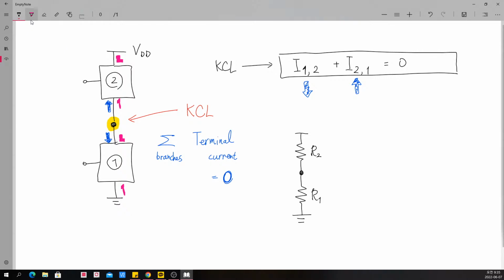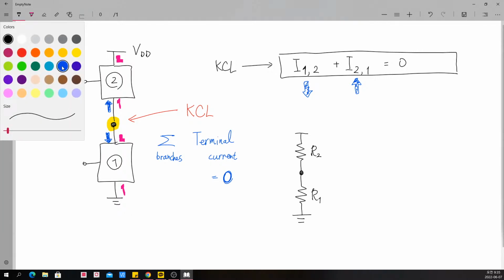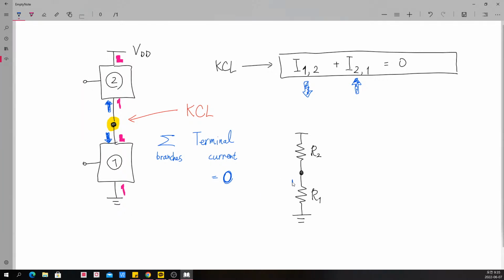This is the same as before. We can consider two terminals and two terminal currents heading in this way for this node.